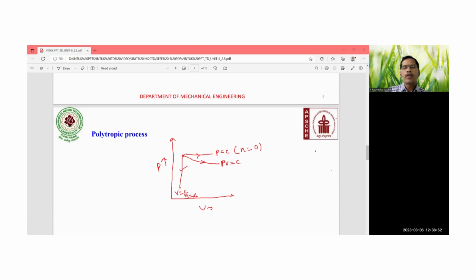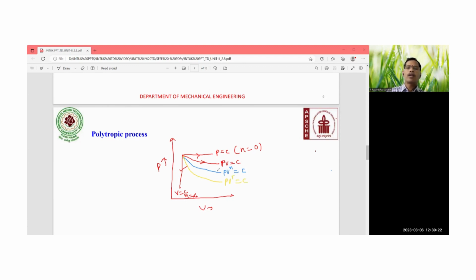Next, you will get the polytropic process, PV to the power of n is equal to constant, right? The next one is this one, PV to the power of gamma is equal to constant.